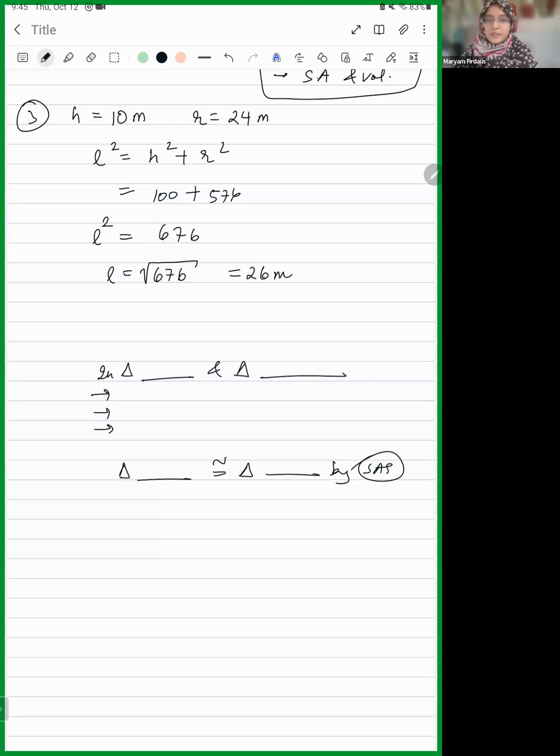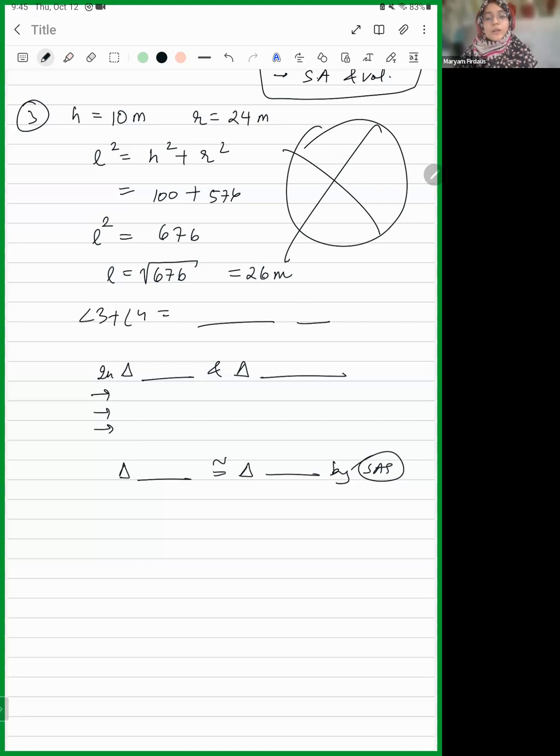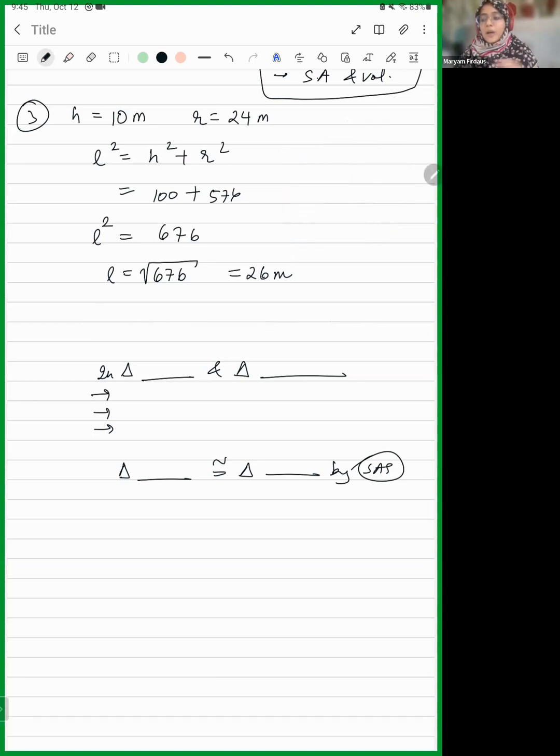I will definitely deduct your marks the next time if you don't draw the figures. Some of you have not drawn any figure at all, and you have written angle 3 plus angle 4 is equal to something plus something. And I'm like, what is angle 3 and angle 4? It's not even given in the question. It's just something you have taken by yourself. How am I supposed to know? So please always draw the figure.